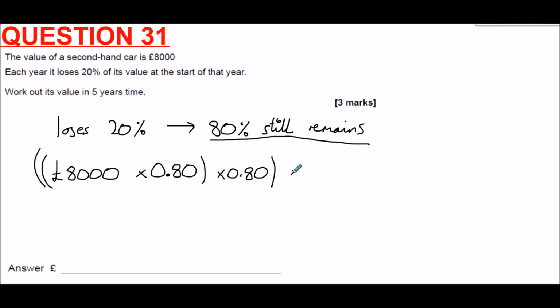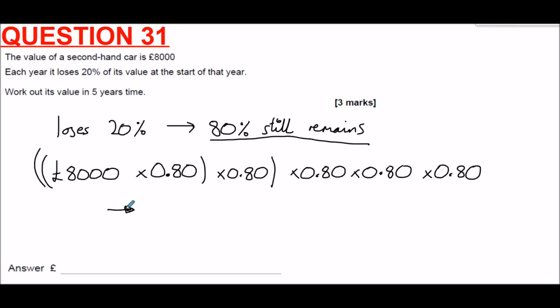For the third year, times 0.80. So we're actually going to be multiplying by 0.80 a total of 5 times. That's the concept. Each year it becomes 80% of its former self. So year 1, year 2, year 3, year 4, year 5.